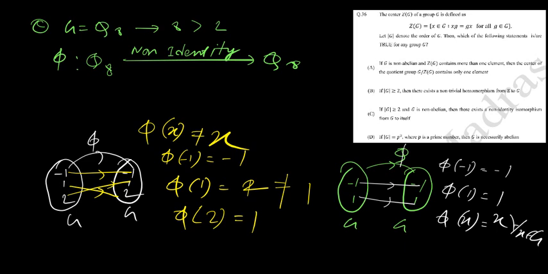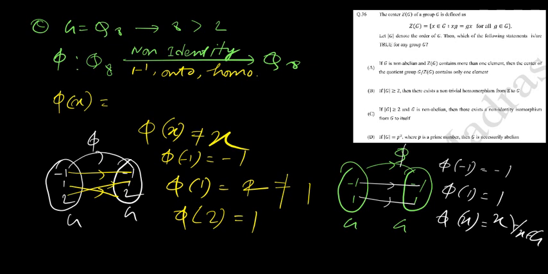And here phi is an isomorphism. Isomorphism means phi is one-one, onto, and a homomorphism. First I will check that phi is one-one. Here phi is non-identity, which means phi x is not equal to x.